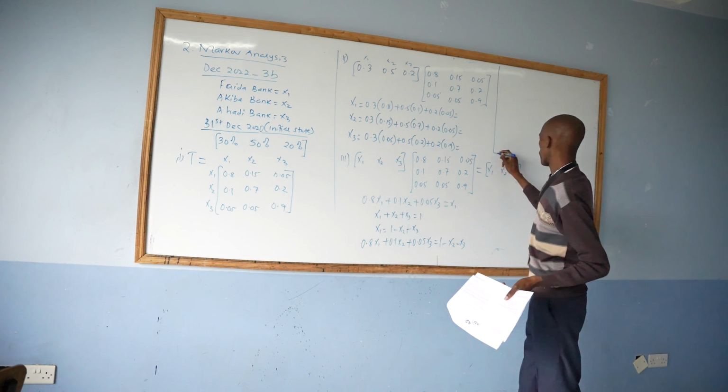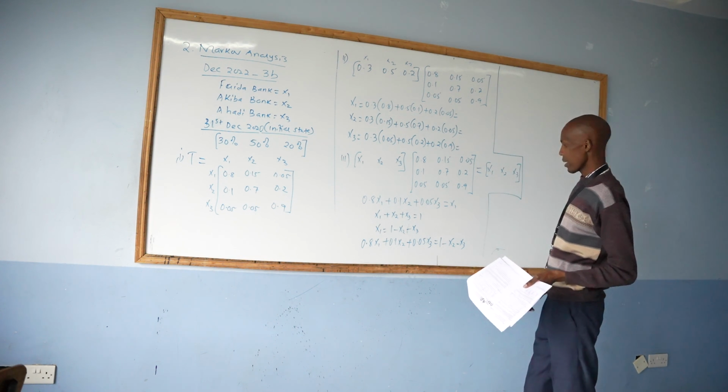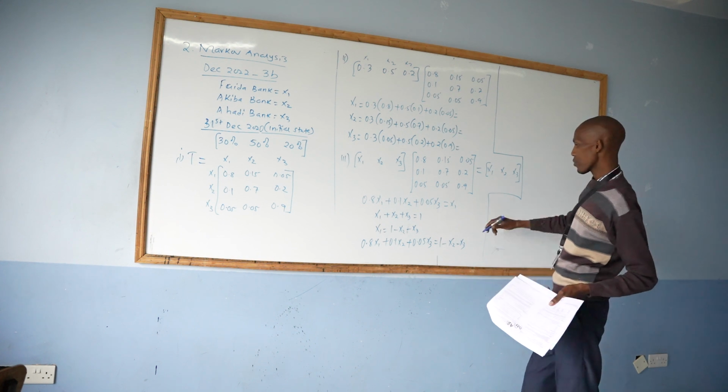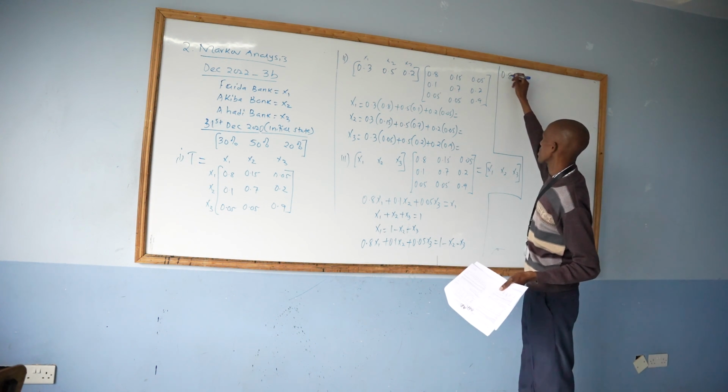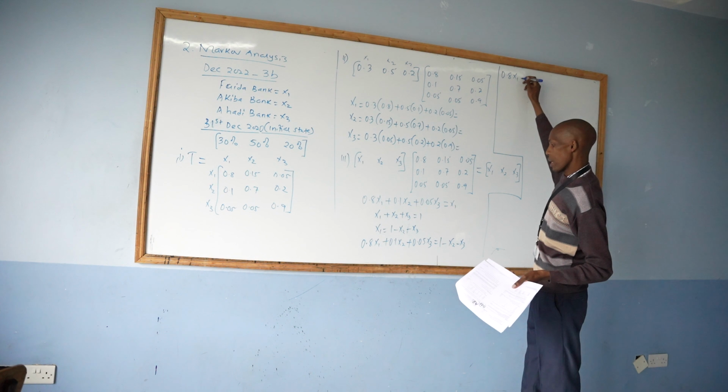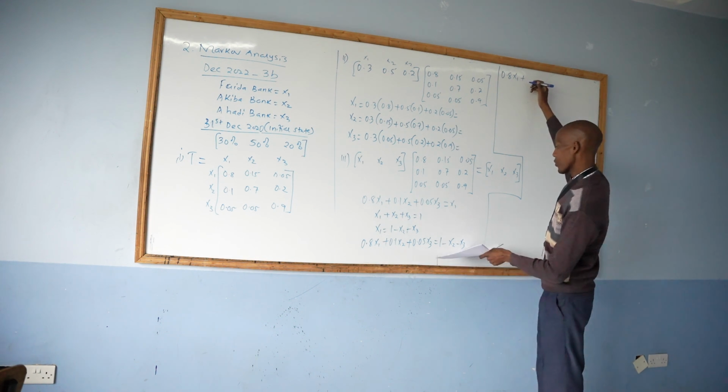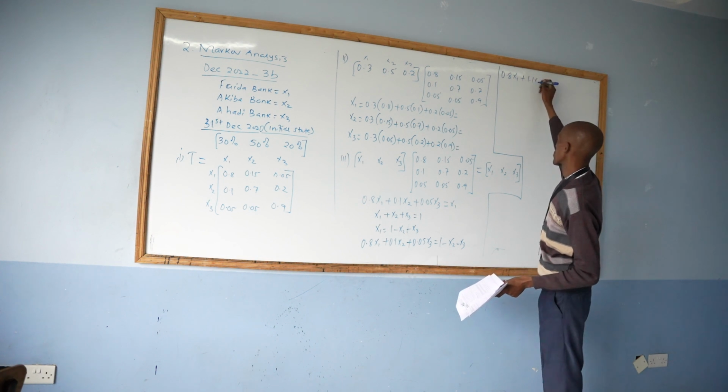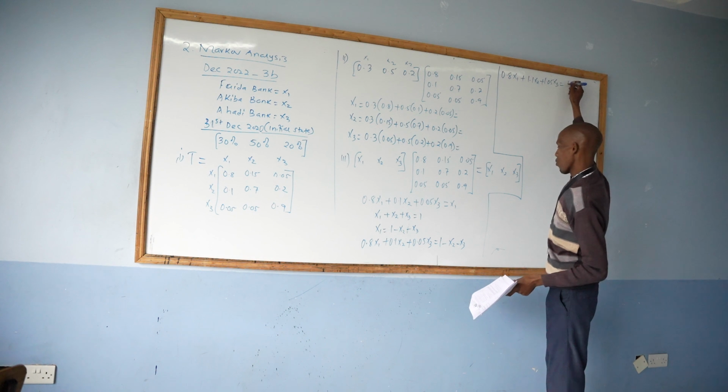So we take our work here. So this one we put right terms together to be 0.8 x1 plus 1.2. Now you take this to the other side, 1.1 x2 plus 1.05 x3 equals 1.